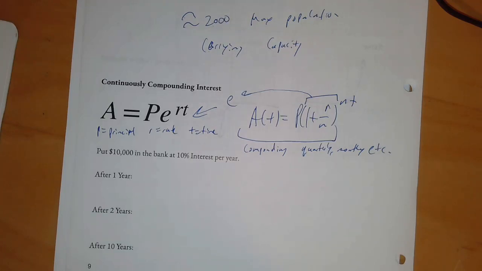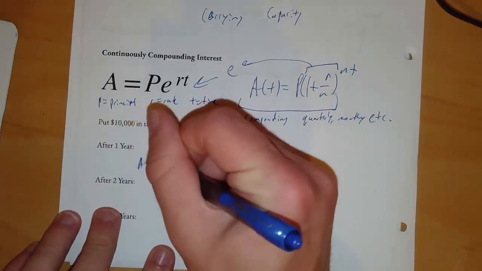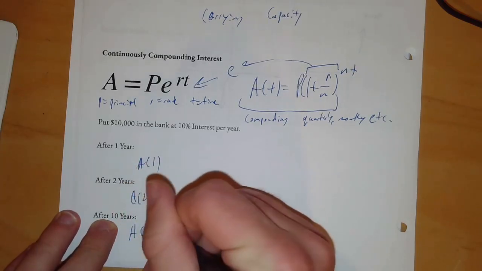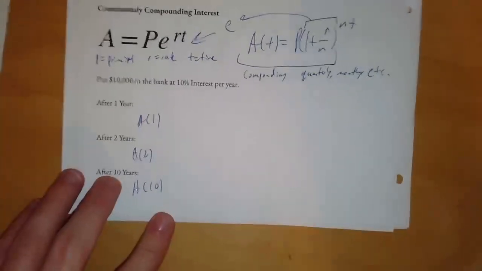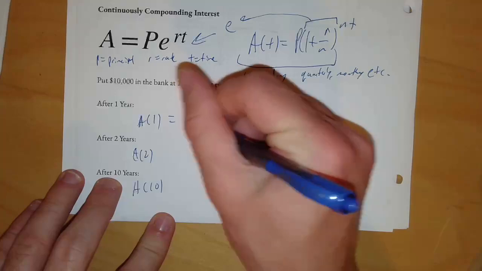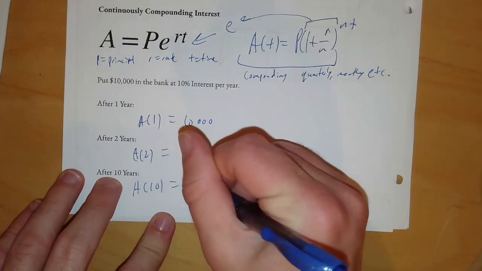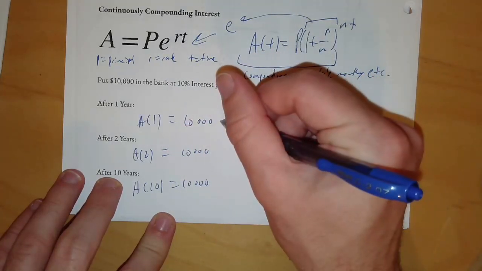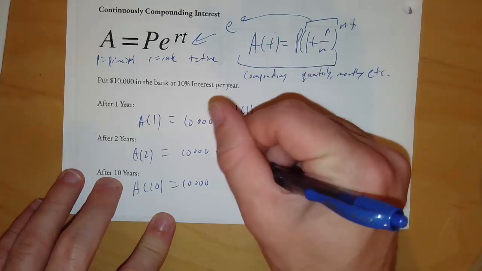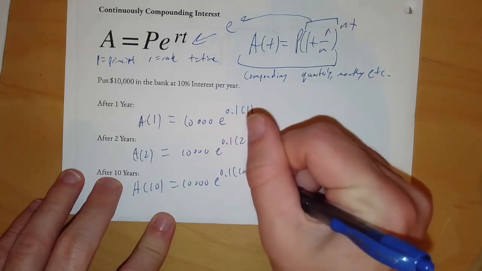If we apply this to our situation after 1, 2, and 10 years, and I wanted to find A of 1, A of 2, and A of 10, all of them start with 10,000, but then E to the 0.1 times 1, E to the 0.1 times 2, and E to the 0.1 times 10.